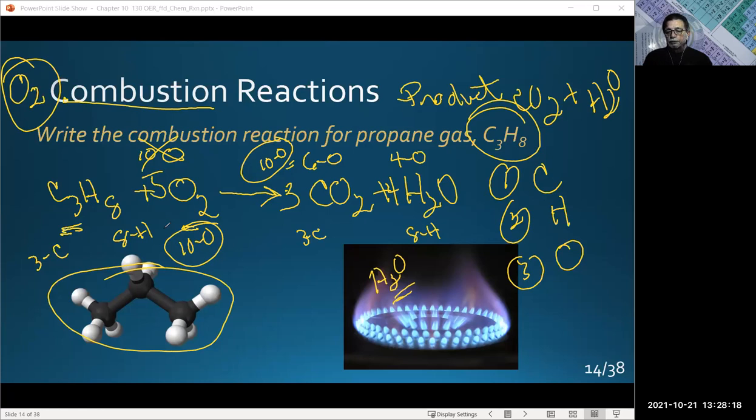So overall, it takes 1 molecule of propane, C3H8, and 5 molecules of oxygen, and it creates 3 molecules of carbon dioxide and 4 molecules of water. And all that goes into the atmosphere. Quite a bit of oxygen is used up for that 1 molecule.